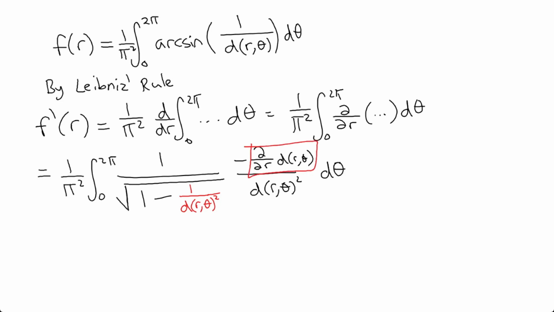Recall that we've calculated what this derivative is. To make things a little nicer, I'm going to get rid of partial derivatives of d and replace them in terms of functions of d.